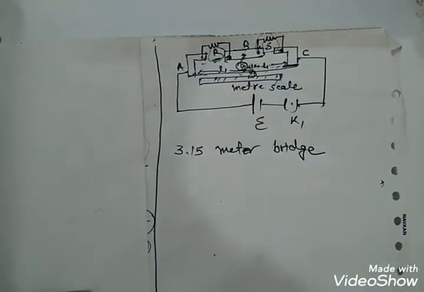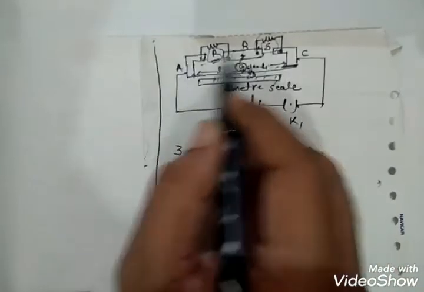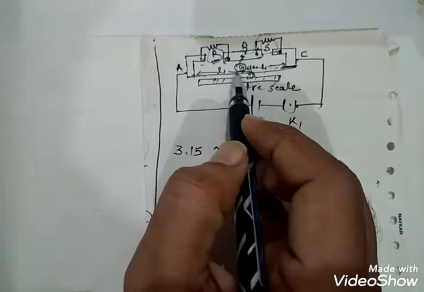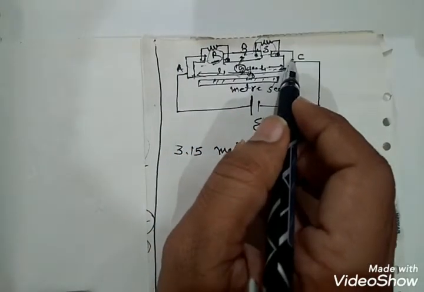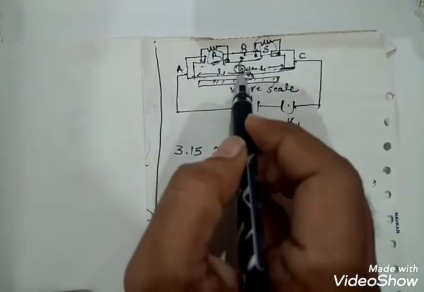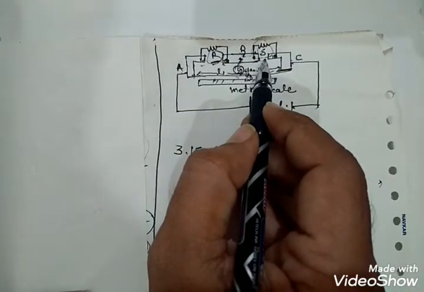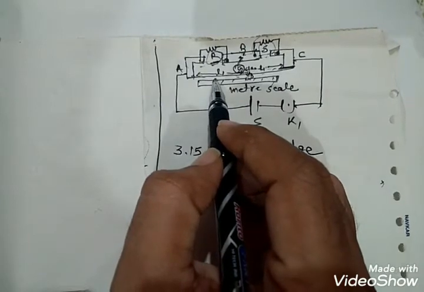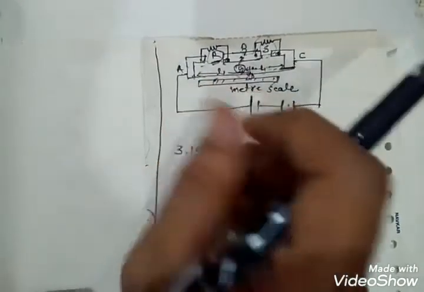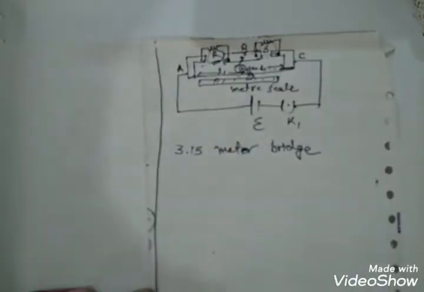The resistance is r centimeter into L. So here are four arms: AB, BC, DA and CD. The first one R is unknown, this is the known resistance S, next is r centimeter into L1, and the last one is 100 minus L1.